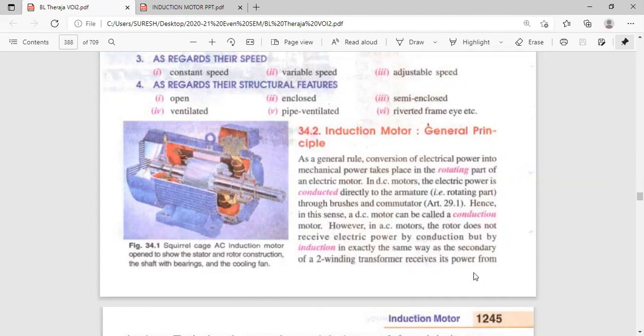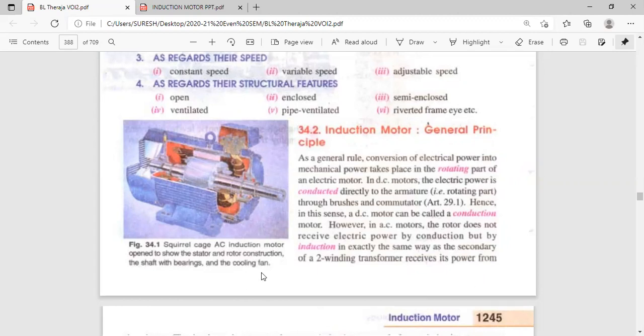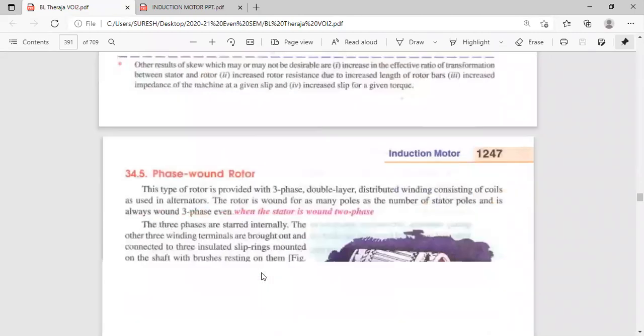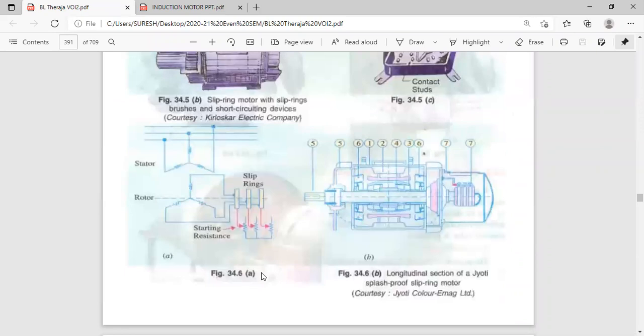How can we make? Anyone? See here, this is the stator. Three windings are there. 1, 2, 3.